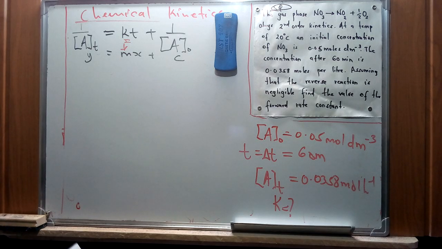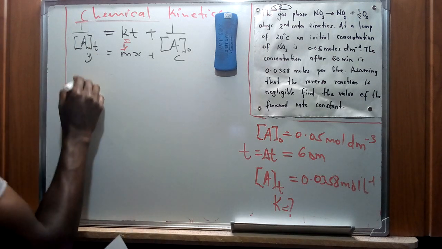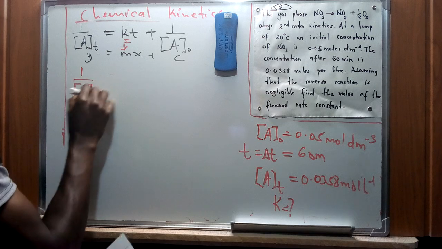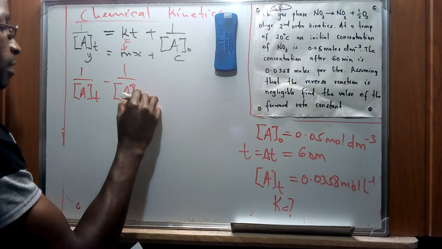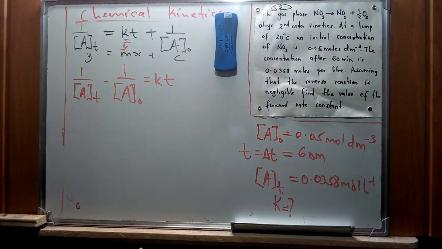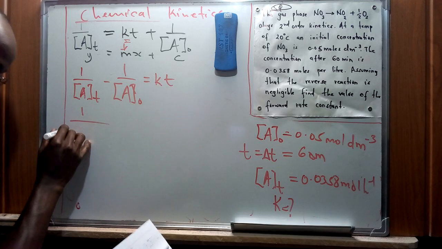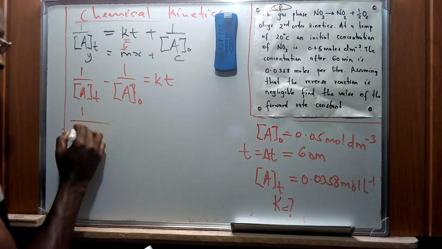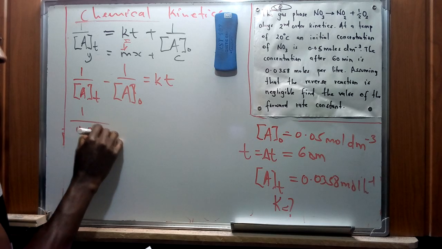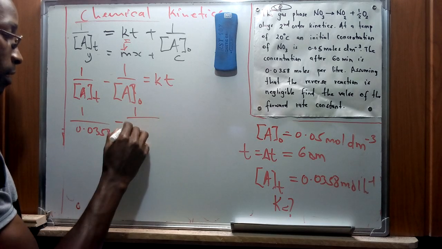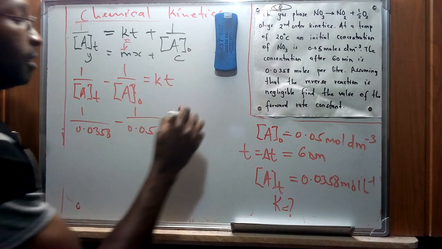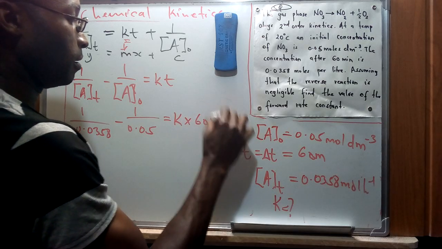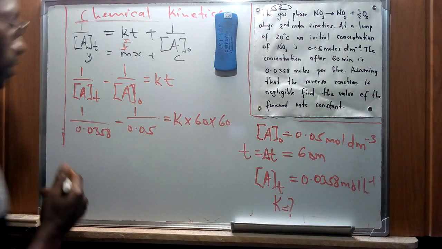So we are just going to substitute this information into our equation, maybe by doing a rearrangement and writing 1 over the concentration of A at t minus 1 over the initial concentration of A equals kt. Doing a substitution, this is 1 over 0.0358 minus 1 over 0.05 equals kt. Time in standard units is seconds, so we're going to convert these 60 minutes into seconds.